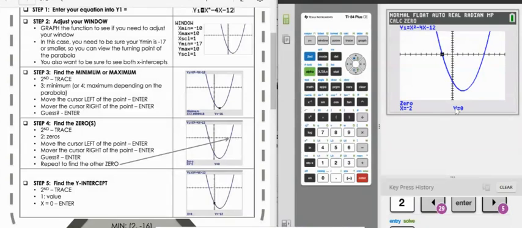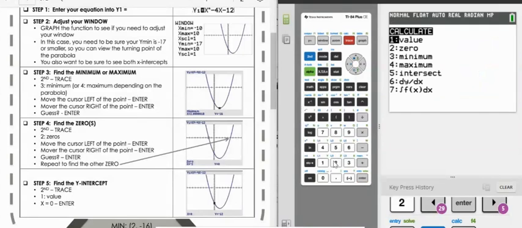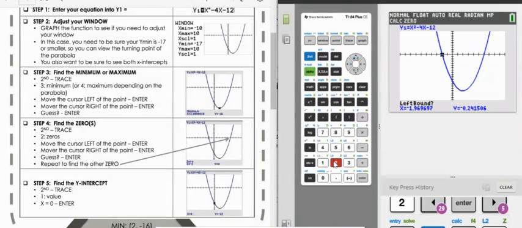Let's do it one more time for the other side. I'll go to second trace. I'm going to choose number 2. And this time it says left bound, and I need to get closer to the other point. Even though I am moving closer, I still want to remain on the left side of that point. So I'll stop about here and hit enter.